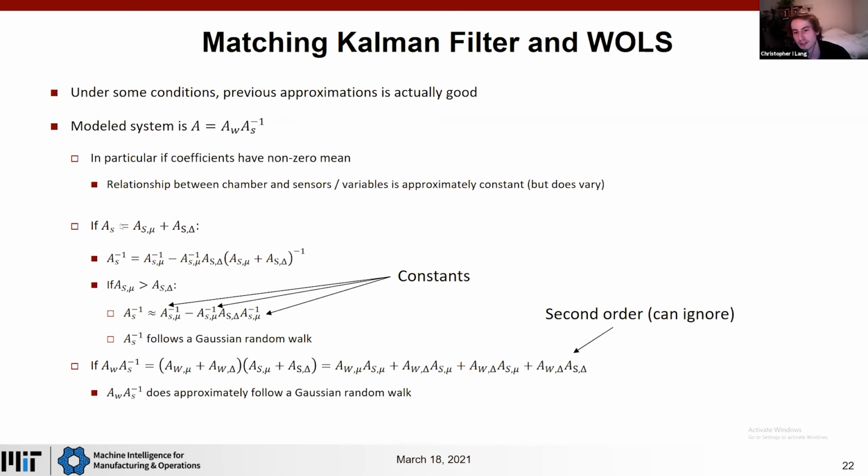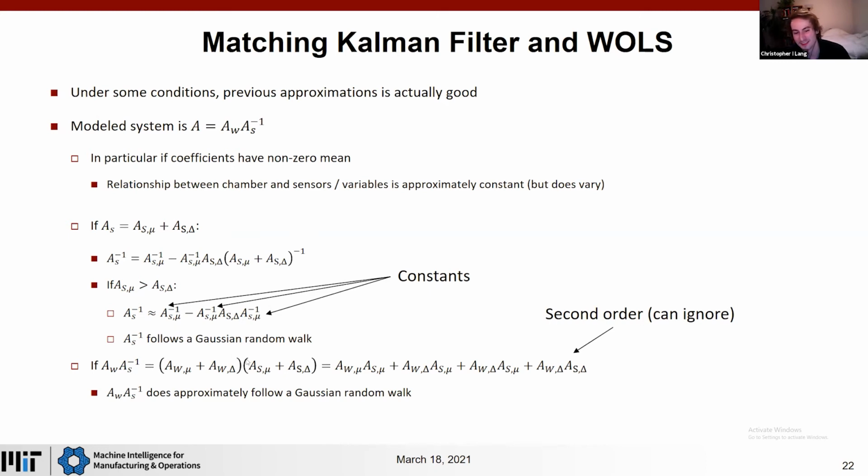So you can factor out AS and also AW as some mean value plus some deviation from the mean value. And then you can take the inverse of this and show that you can approximate it as essentially a Gaussian random walk.